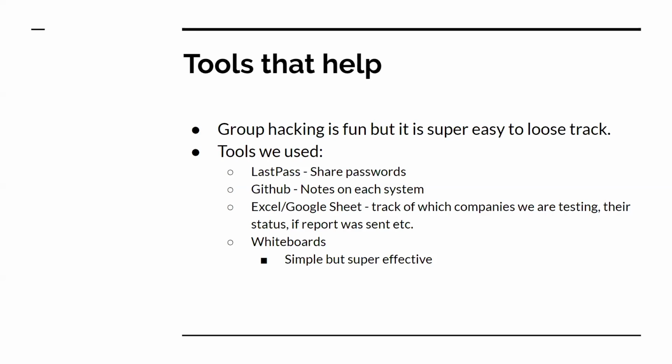Another thing is Excel or Google Sheets. This is a super old tool, but it still works. You want to keep track of what you're doing, right? As I said, you don't want to get into someone else's steps. And that's literally what we did. We made sure we had a Google Sheet with all the domains or all the companies listed, and the status of testing.